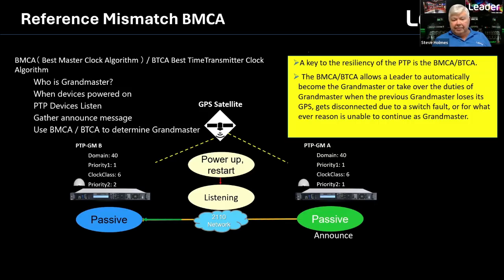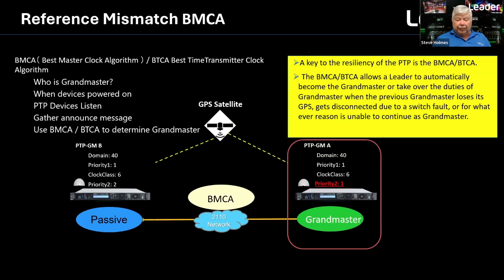And then the BMCA will take over and say, based on the criteria that I'm seeing between these two generators, I'm going to pick the generator that will be the grandmaster. So it is all based on looking at the priority 1 message, the clock class, and the priority 2.